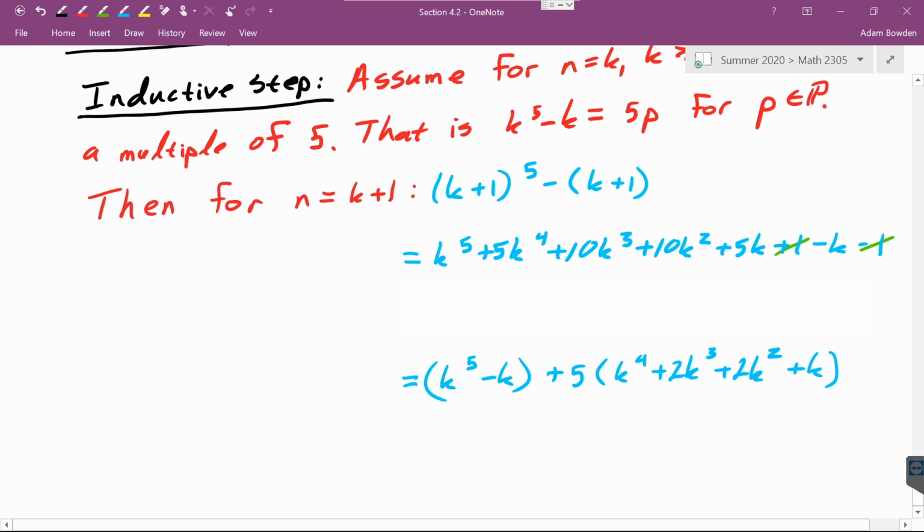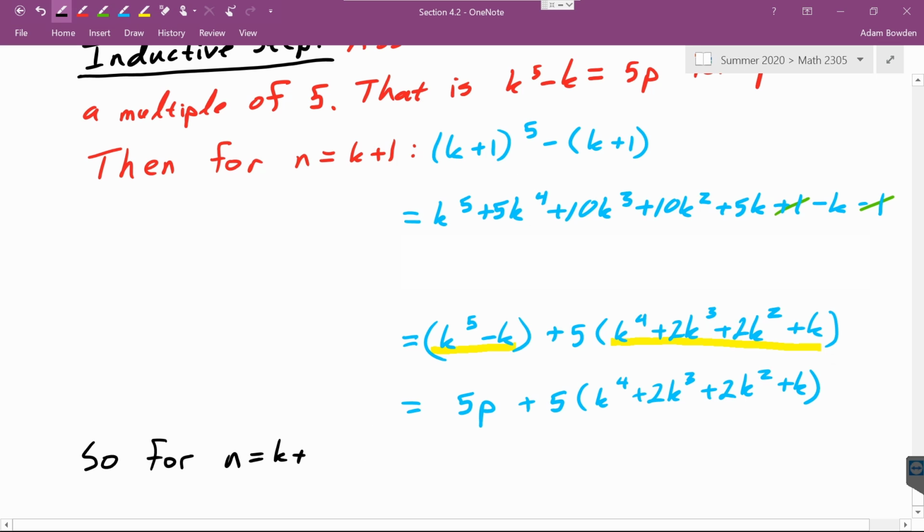And so now we see everything here is a multiple of 5. This is a multiple of 5. This is a multiple of 5. Or in other words, we could write it as 5p plus 5 times k to the fourth plus 2k cubed plus 2k squared plus k. So for n equals k plus 1, it's a multiple of 5.